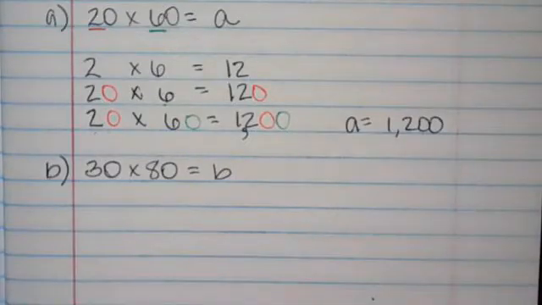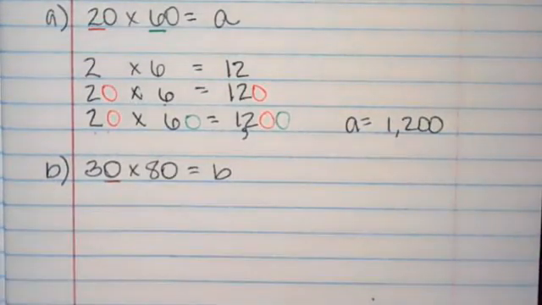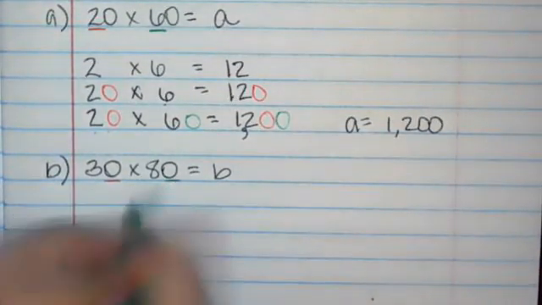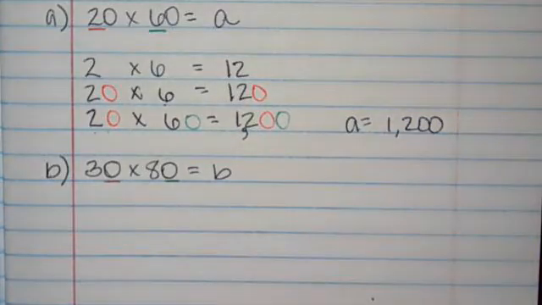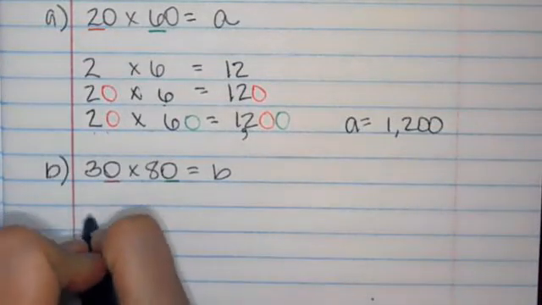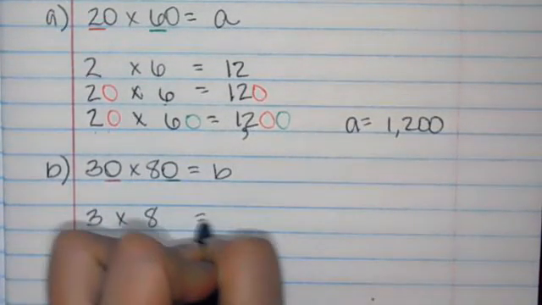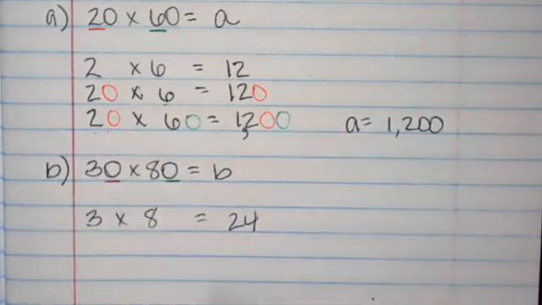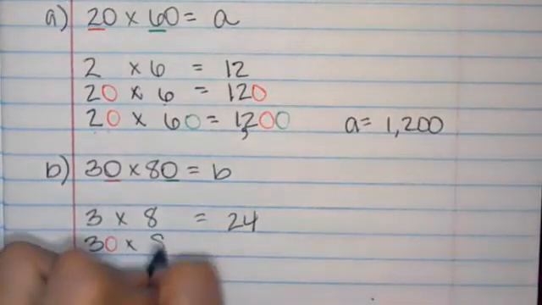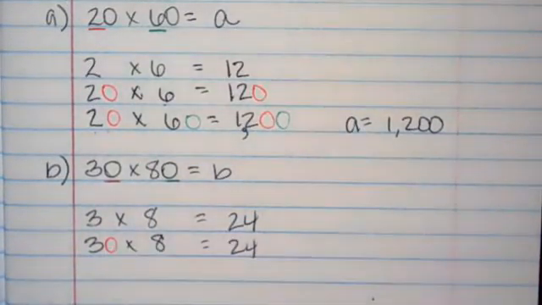We have 30 times 80 equals B. So I would just like to underline my zeros to take notice of them. And I'm going to do my basic math facts. So I have 3 times 8, which is 24. I will do 30 times 8, and that equals 24 with the extra 0, 240.